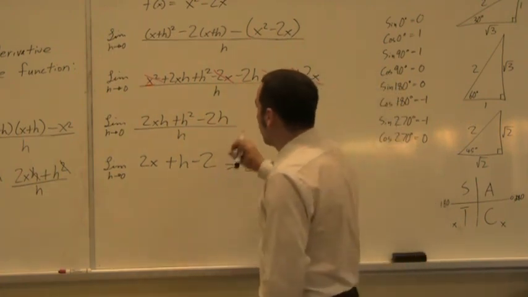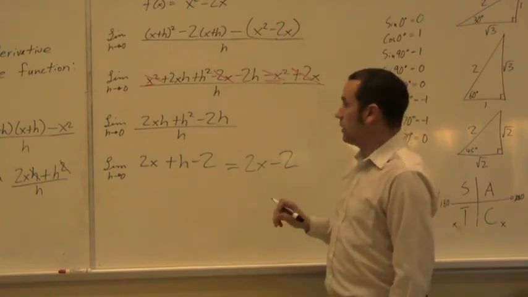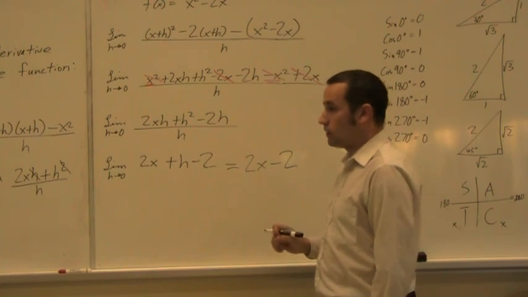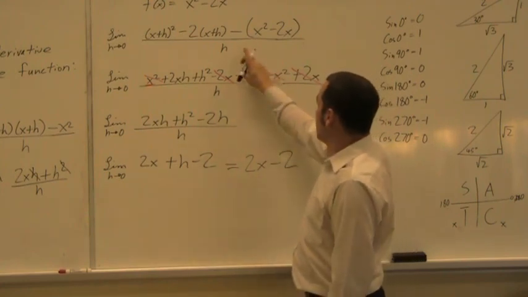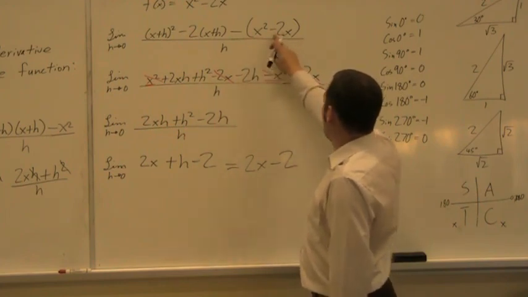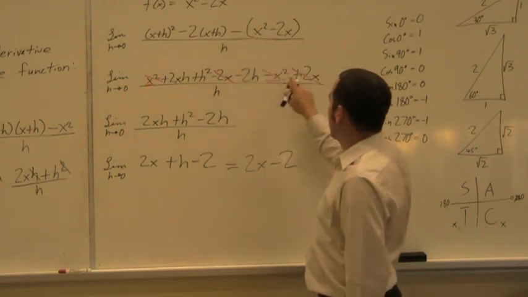So usually the hardest part about these is actually getting the multiplication correct at the beginning, and making sure that you subtract what's in the brackets properly. The most common error I see is people seeing the minus x squared but keeping this as a negative 2x and not remembering to subtract the negative, so plus a 2x.